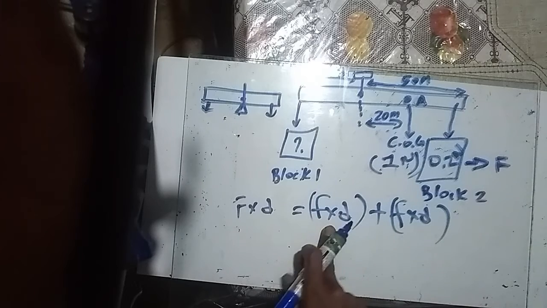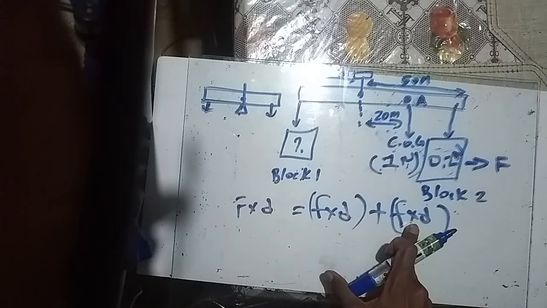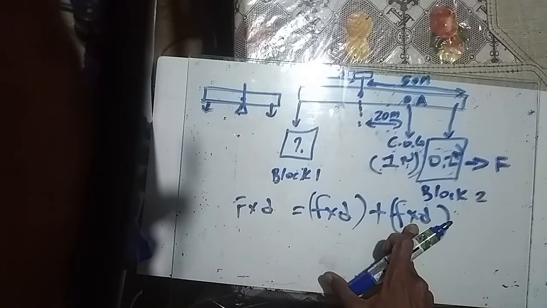So this one is going to be for the weight of the rod, and this is going to be for the 20 gram block, which we found the weight to be 0.2 Newton.